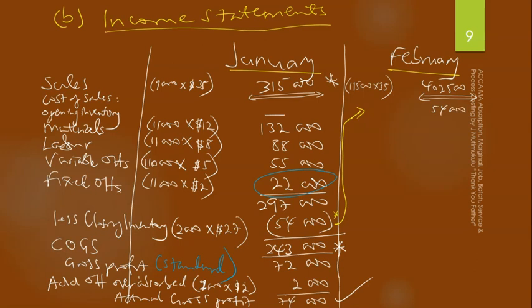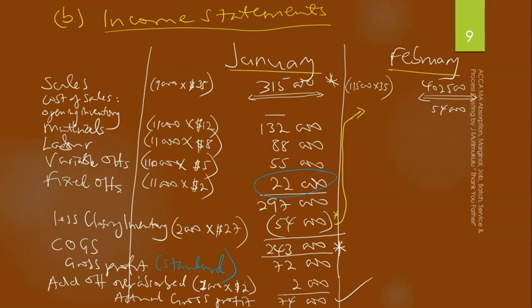Remember, 54,000 was determined after we multiplied 2,000 units by $27. So don't forget about that.